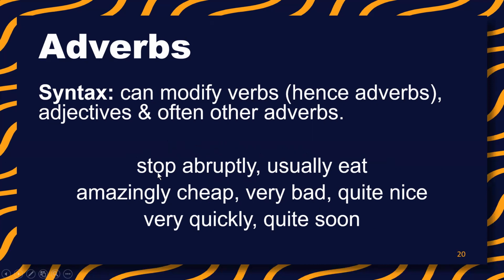They modify the verbs stop and eat. We also have amazingly cheap, very bad, quite nice. Those are examples of adverbs modifying adjectives: cheap, bad, nice. And then we also have these two examples, very quickly and quite soon. Here, very and quite are adverbs modifying other adverbs.